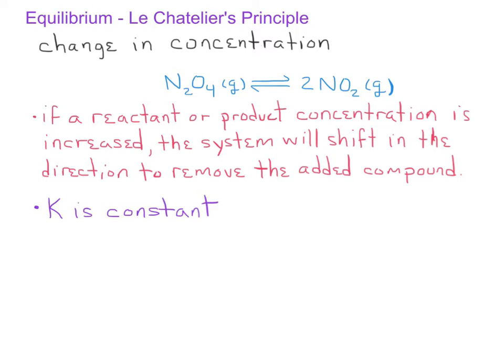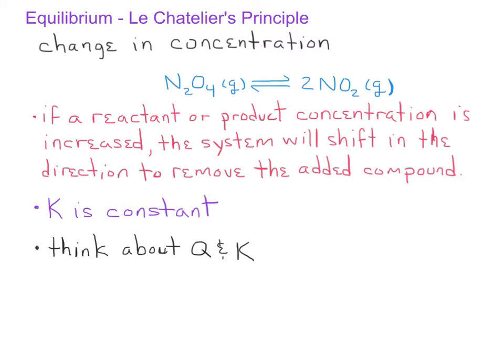Now, even though the system will be shifting in one direction or the other, it's important to remember that in this particular disturbance and change, the equilibrium constant for the system will remain constant. The equilibrium constant does not change when we change the concentration, and then the system reestablishes equilibrium.